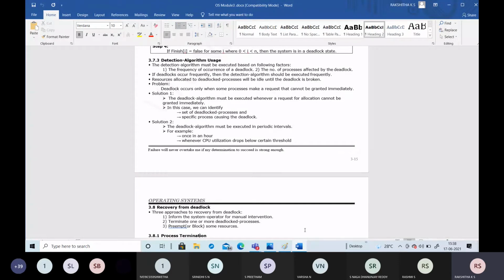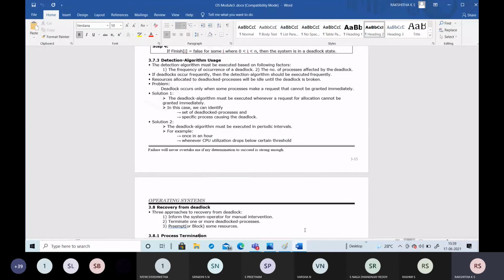In which situation do we have to use this deadlock detection algorithm? We use it if the deadlock is occurring in a frequent manner, and if a large number of processes are affected by the deadlock. For example, if P1 to P10 are the processes and most of them are affected by the deadlock, then we can go with the detection algorithm.